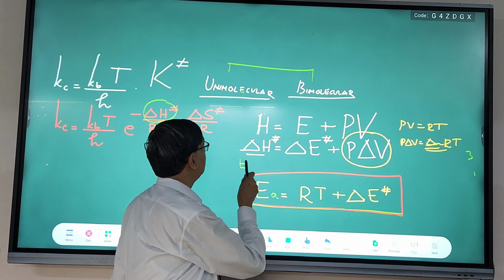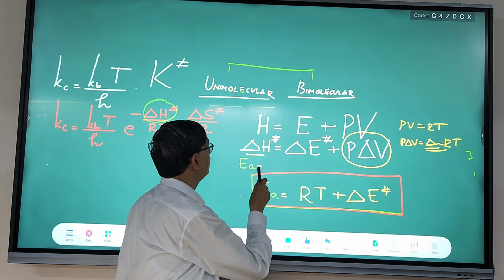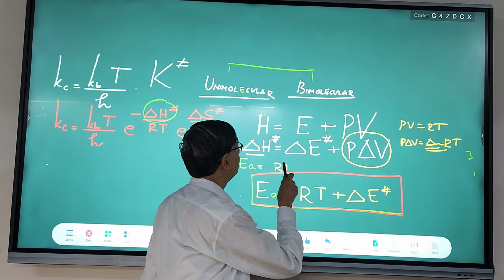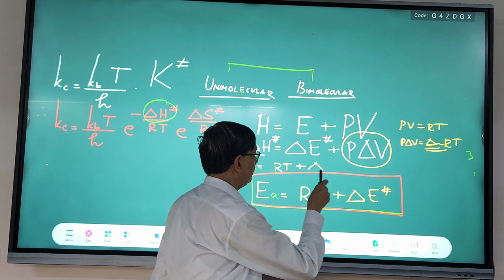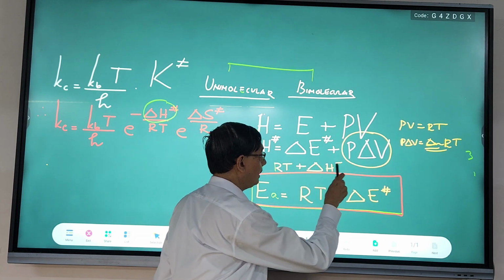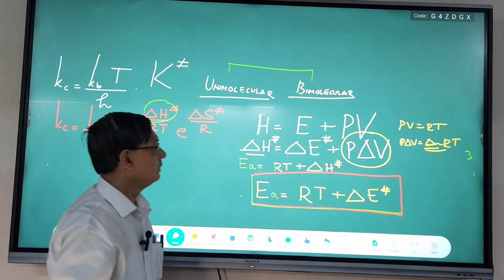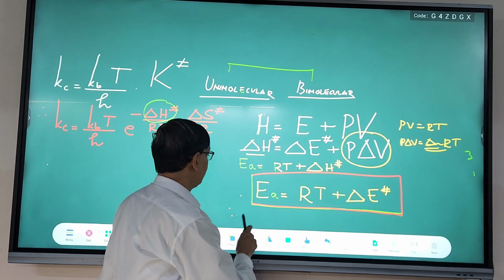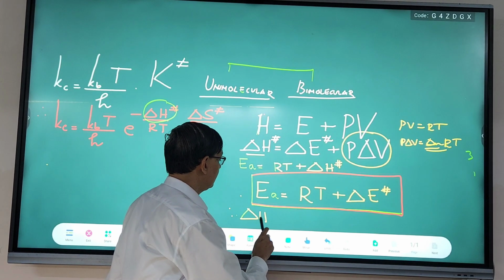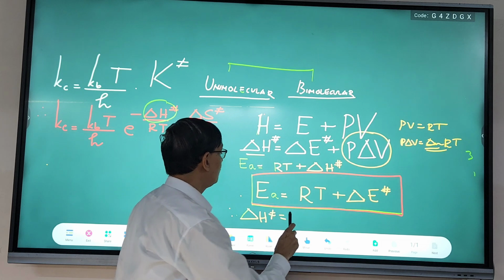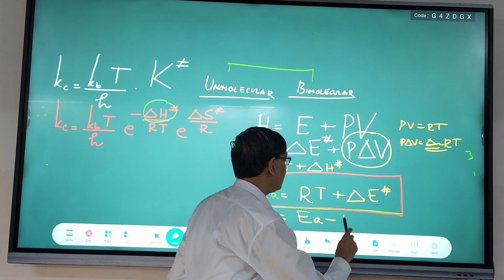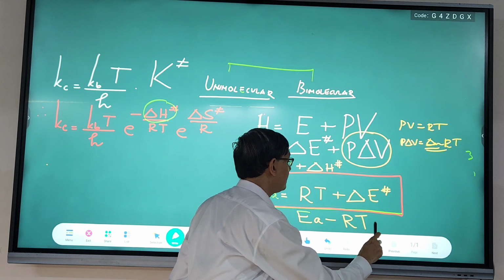So I can write EA is equal to RT plus delta H. Because again, bear in mind, I am talking about the unimolecular reaction. Therefore delta H is equal to EA minus RT. Very simple.